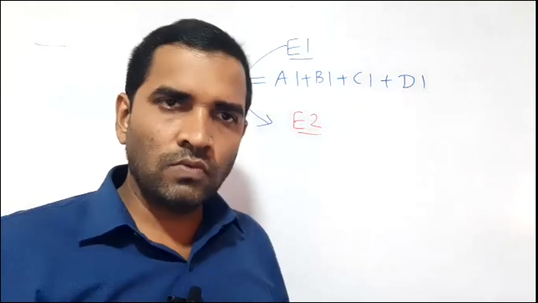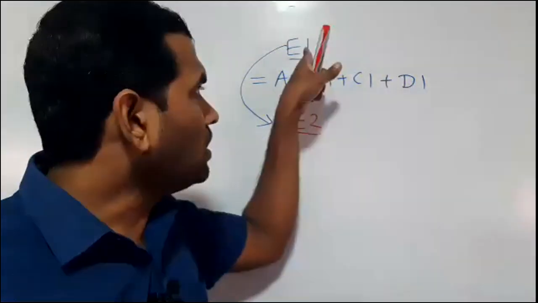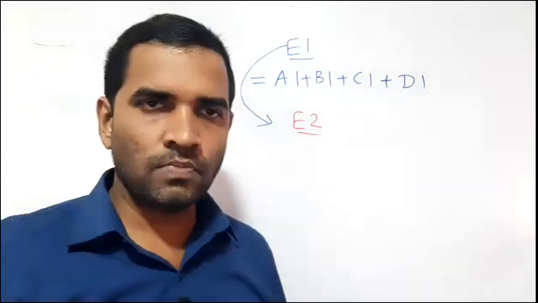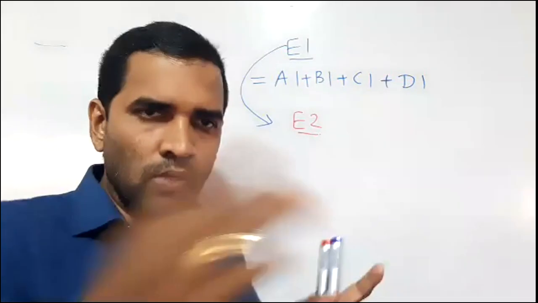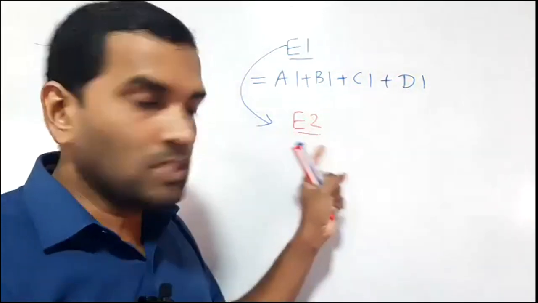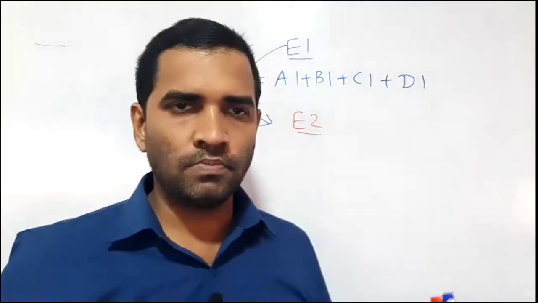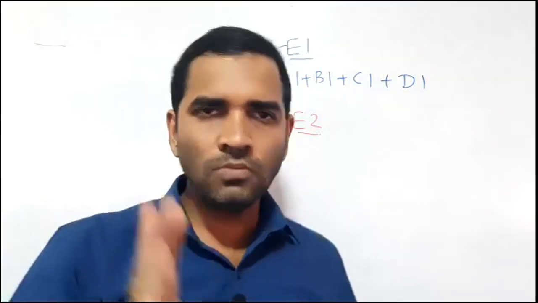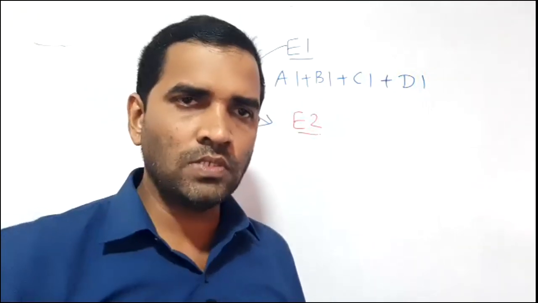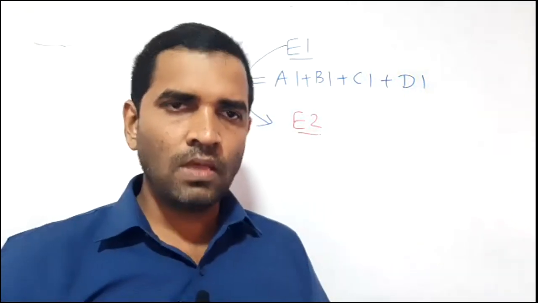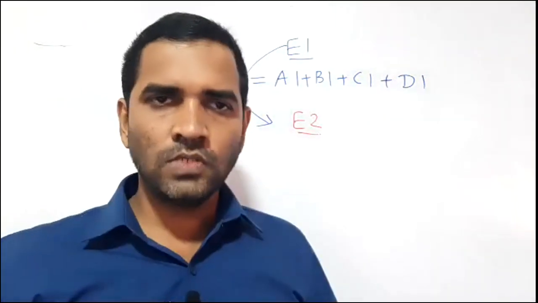So the column is not going to be changed, and the row is changed. When we move from one cell to another, in this instance, the row is the one to be changed, not the column. That is the first thing to be remembered. You have to check whether the column is changed or the row is changed. In this instance, the column remains the same, but the row is changed.